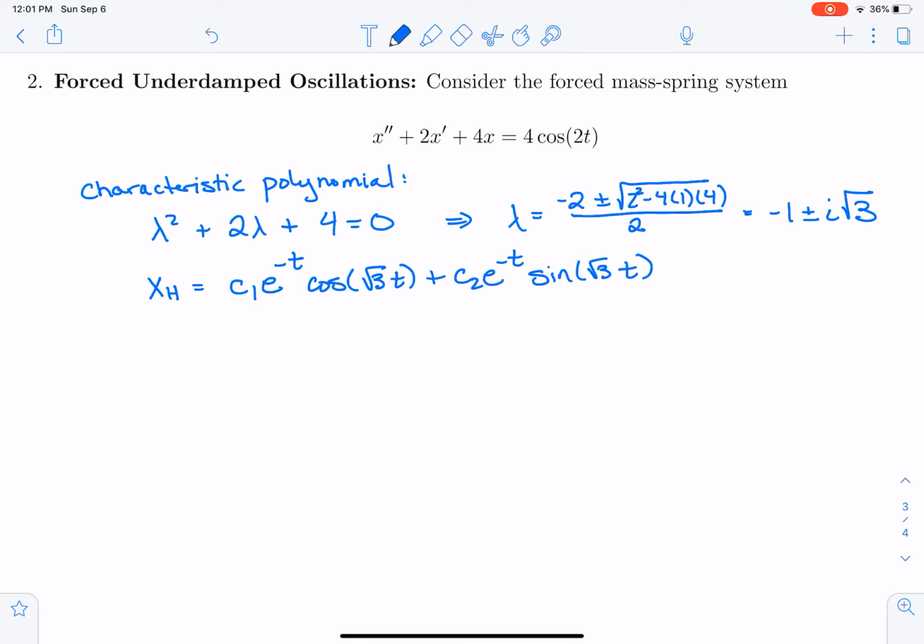Now we want to look for a particular solution. For the particular solution, we're going to make the guess of A cosine of 2t plus B sine of 2t.